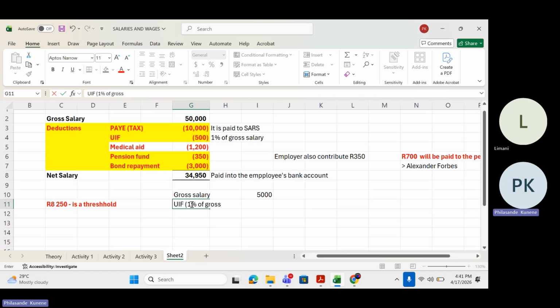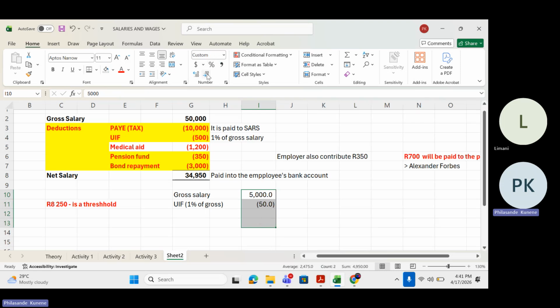This one is always like this, right? So if I take my 5,000 multiplied by 1%, how much am I going to get? It is going to be 50 rand. 50 rand will be my UIF contribution. So that one is going to be negative 50 rand, as my UIF deduction.